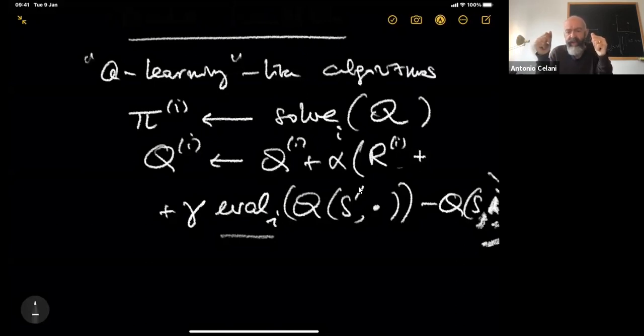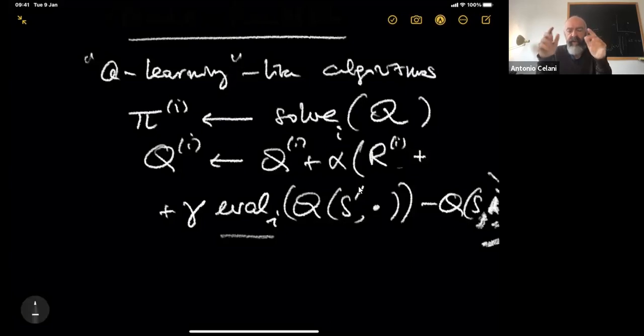And in these situations, for instance, this eval operator is not the maximum over the Q matrix of your opponent, but it's the minimum. Okay, so it changes completely the sign, because this is what corresponds in game theory to a minimax strategy.